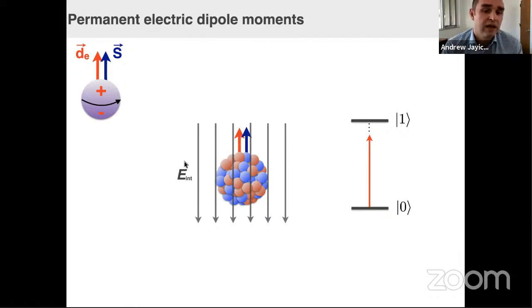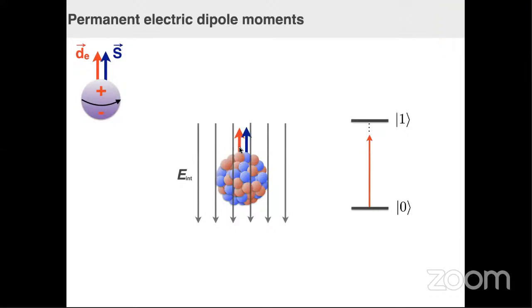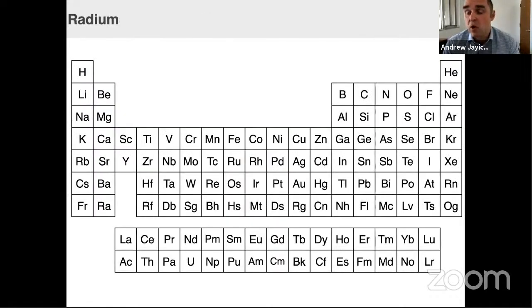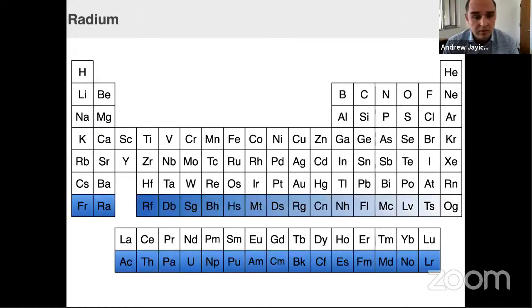Okay. So you want an electric field, right? These dipole moments are small, so you want to have a large electric field. For bound systems like atoms and molecules, large electric fields are had towards the bottom of the periodic table. These electric fields increase as the proton number cubed.